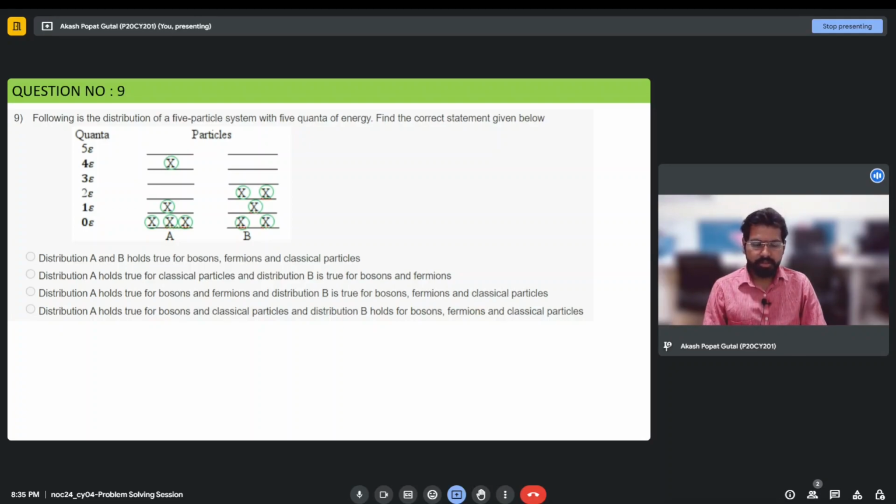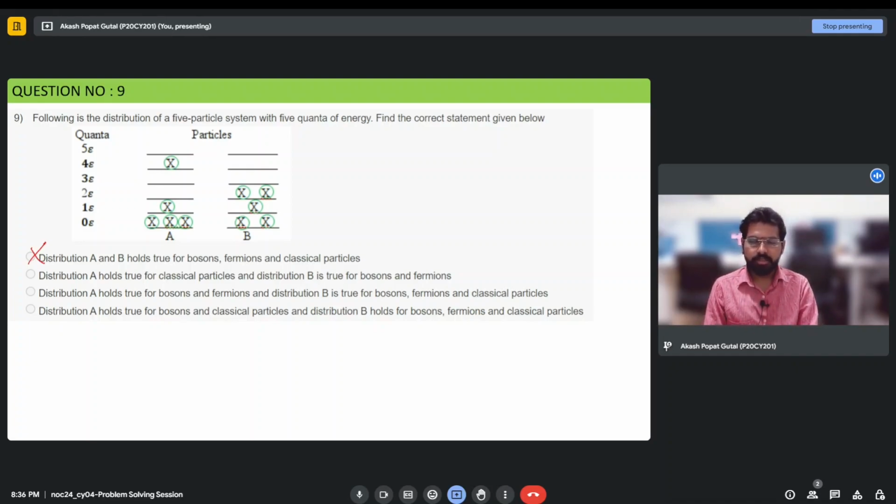But in case of fermions, it is not true because a single energy level must be filled with at most two fermions. But that is not the case in distribution A. So that's why the first statement will be a wrong statement.